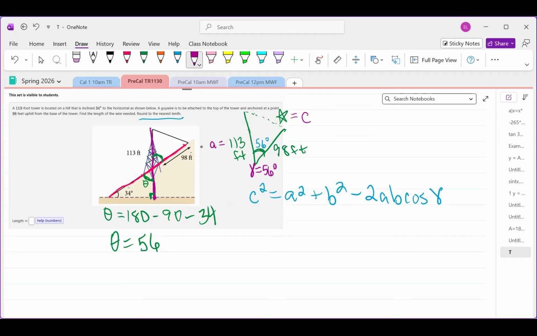I usually go with left is A, right is B, because it's not a right triangle.